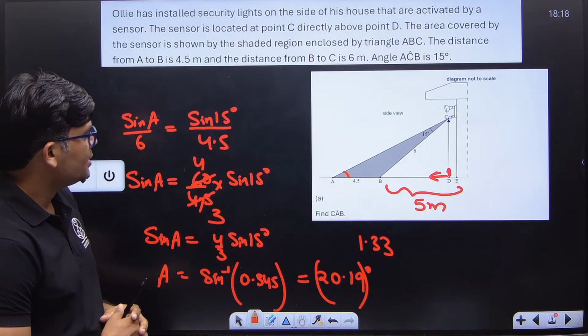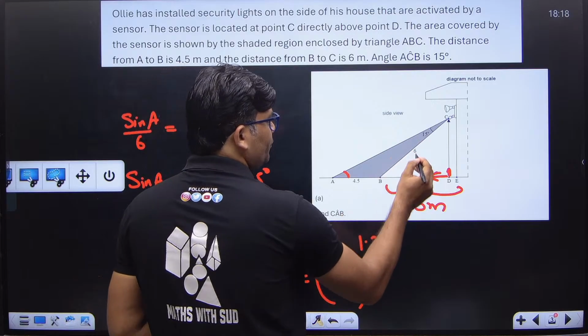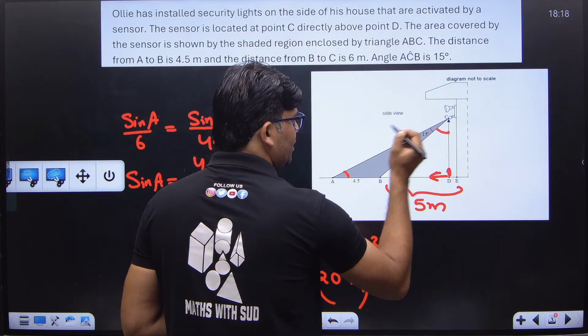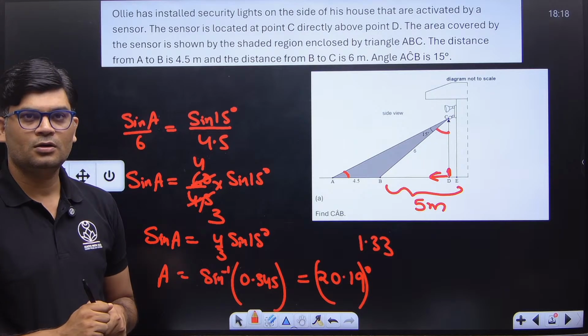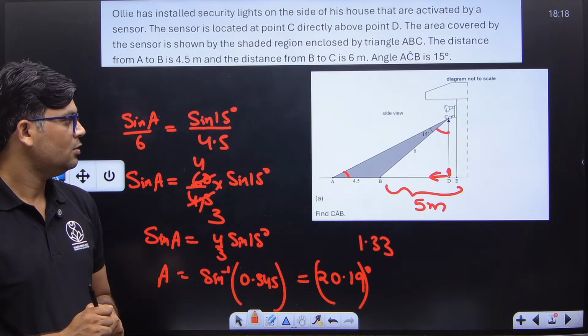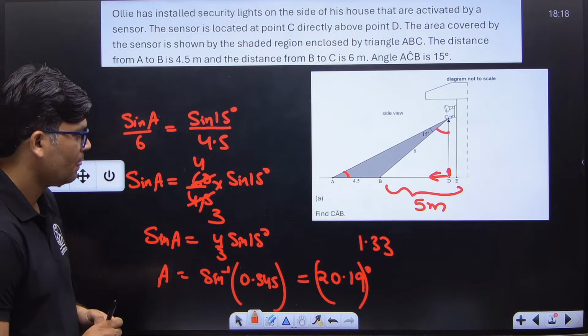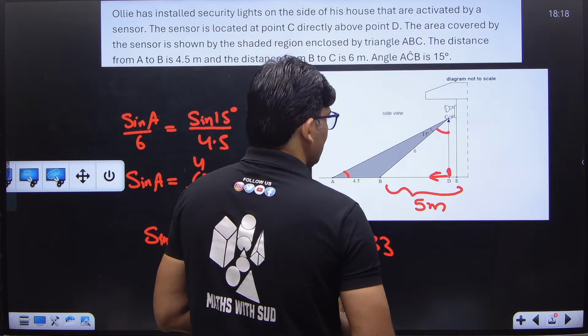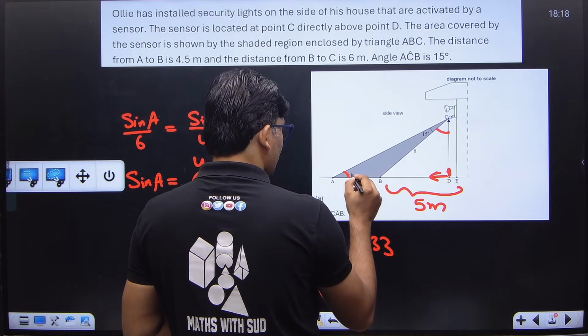And they are asking us, suppose this is 15 degree. What could be this angle? Can you tell me? You add 20.2 and 15 and whatever you get, you subtract that from 180. So if I ask you, this was how much? 20 point.